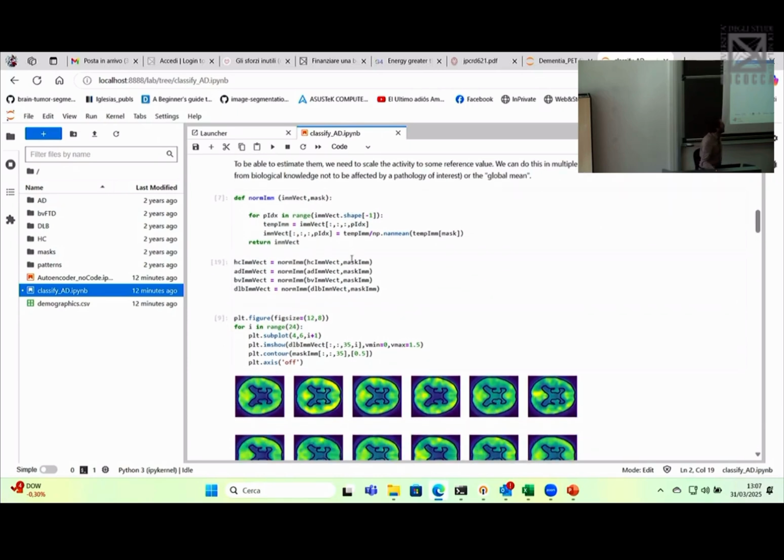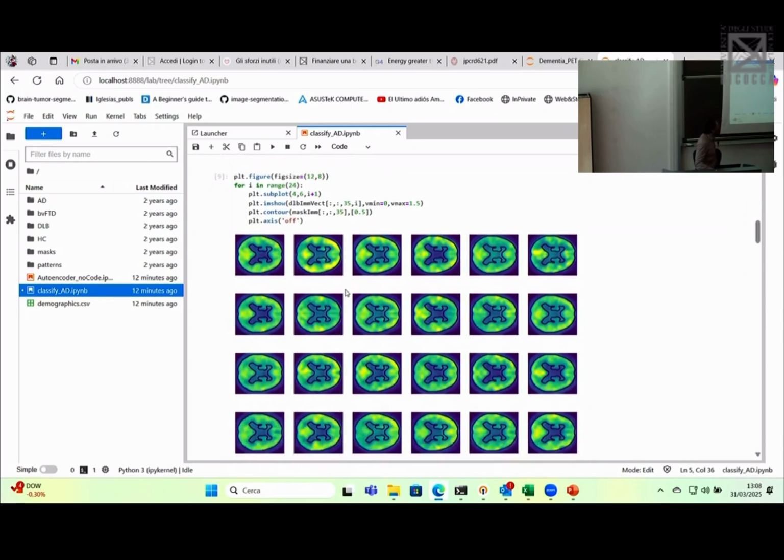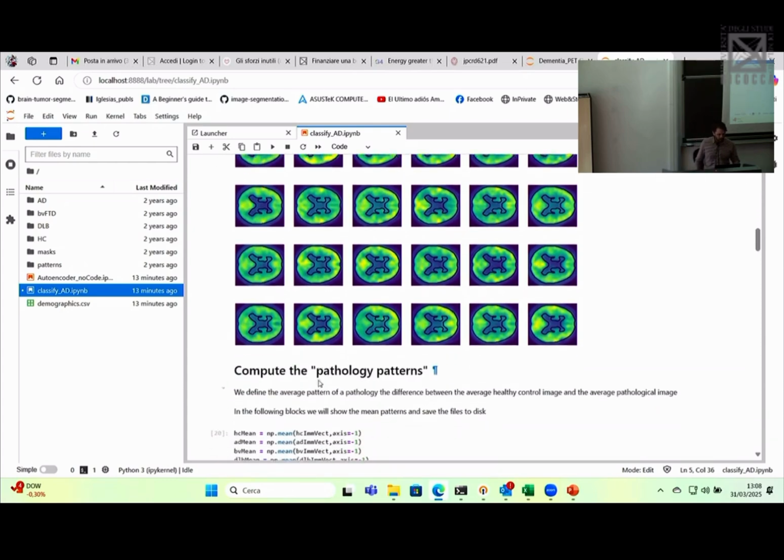Now, this is my solution, and what I've done was, of course, this is always very important, pre-process the data to normalize them, meaning in terms of intensity. Then we just have some data display where we can see that all the data have been spatially normalized to the reference space that we introduced last time.